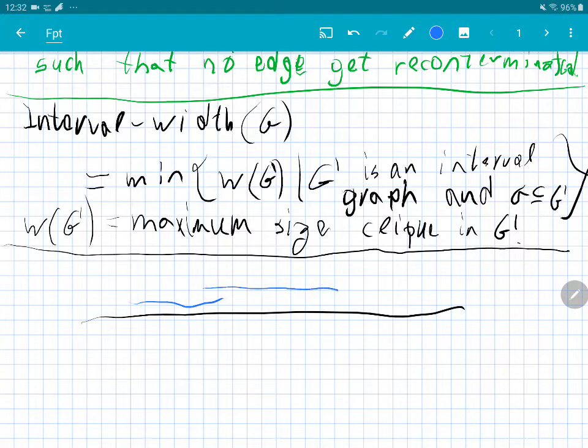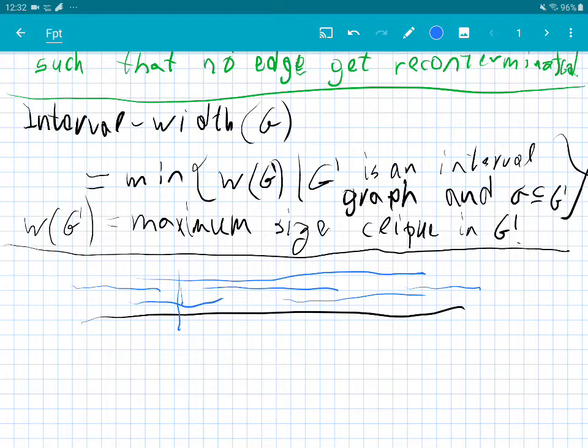Every interval corresponds to a vertex, and two vertices have an edge between them if there is a point where the two intervals intersect, or namely there is a value of x such that it contains both intervals, right?